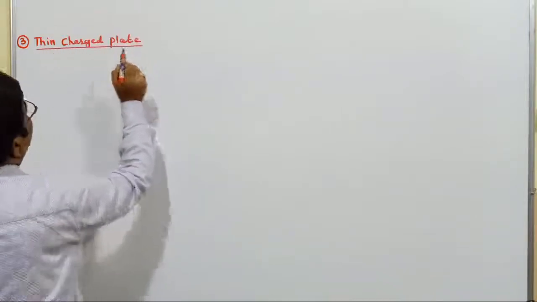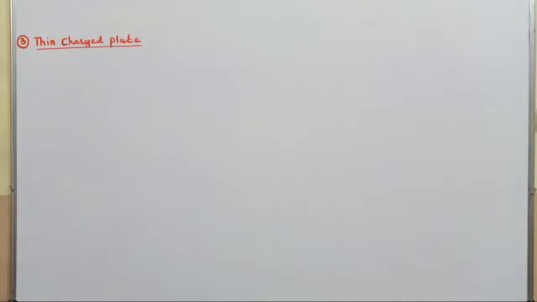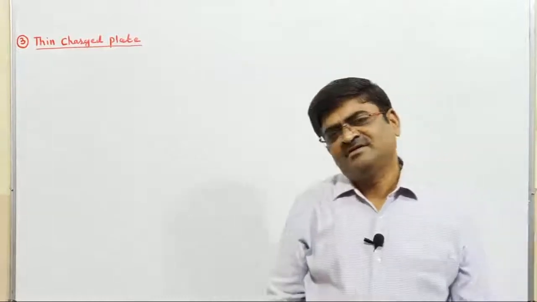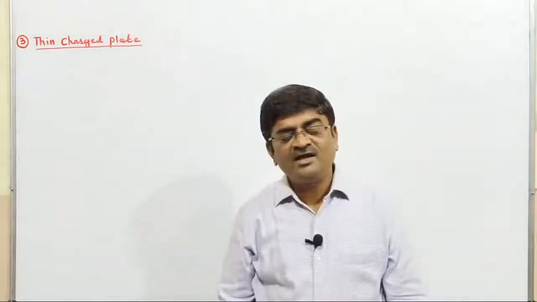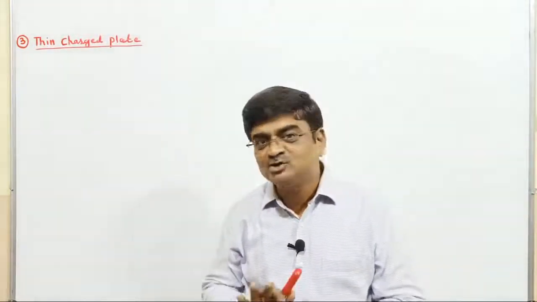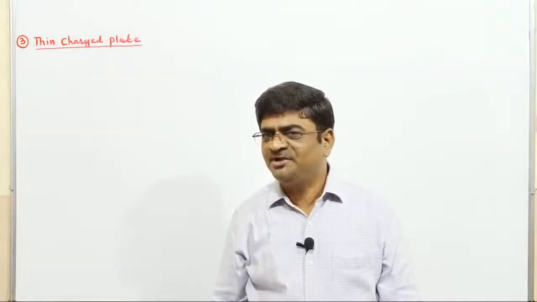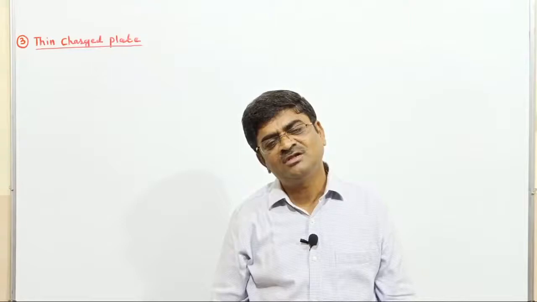We shall apply Gauss theorem, Gauss law, to a thin charged plate. Again, whichever the geometry I have, the method of applying Gauss theorem, or the steps, are going to remain one and the same. There is no difference or difficulty there at all.